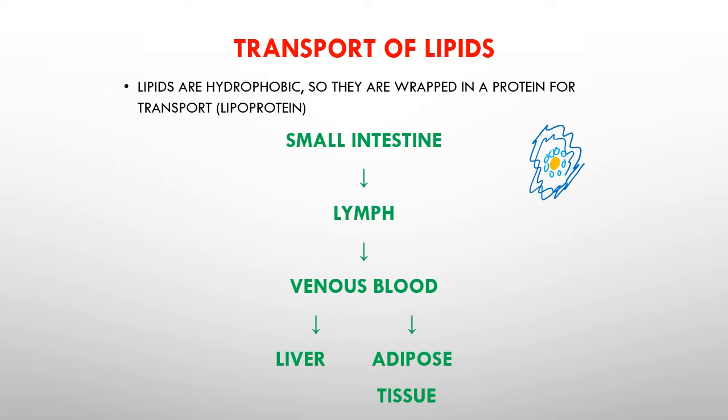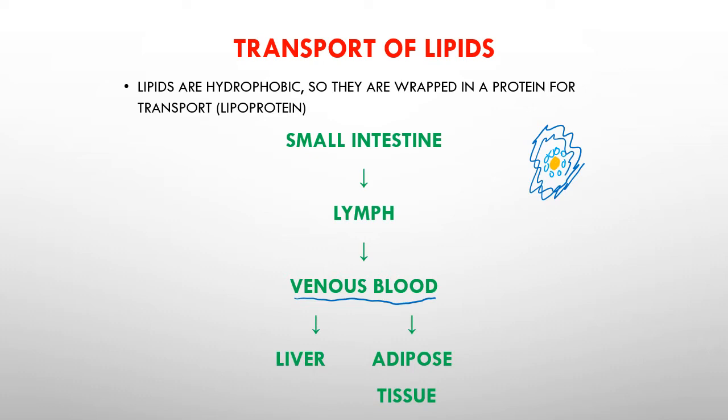So they're going to go from the small intestines, and typically they're going to move into the lymphatic system through the lacteals in the small intestines. And so they're going to move into the small intestines through those micelles, get into the lymph and the blood, and through the lacteals in the lymph, make their way up into the thoracic duct, and then dump into the venous blood up in the neck.